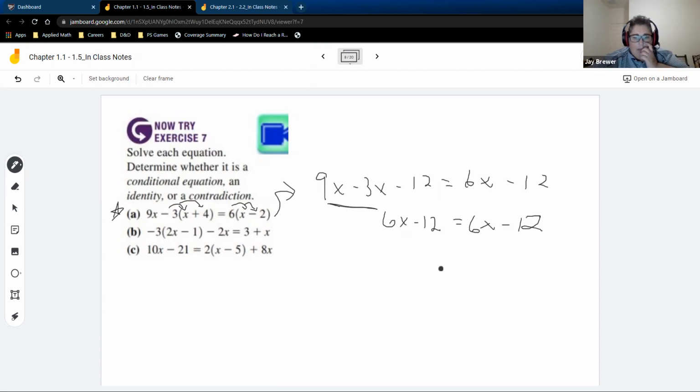If we finalize this, the 6x's cancel on both sides, and the 12s cancel. So that essentially means that we have 0 equals 0, and that's a true statement.